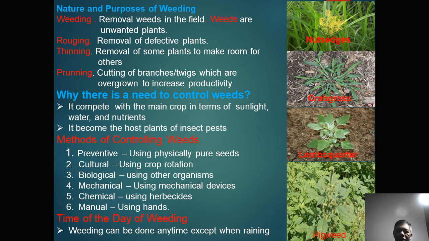And of course, spraying chemicals is somehow discouraged. However, if we cannot really control weeds, particularly in large scale farming, we used to spray herbicides. This is very much common in rice production.